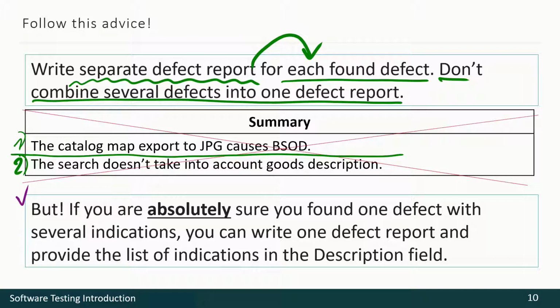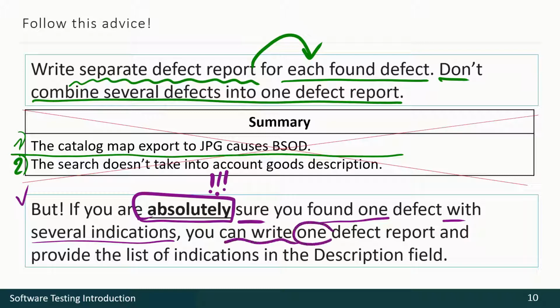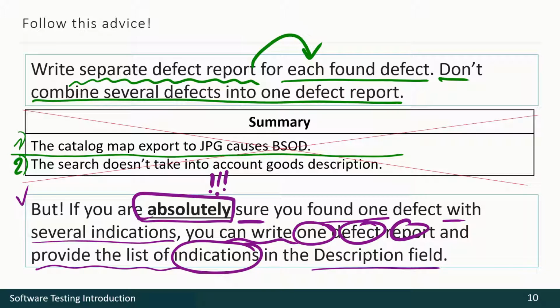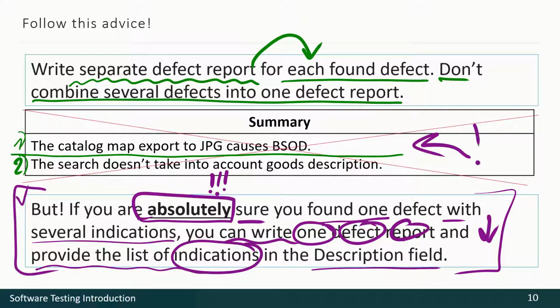If you are absolutely sure that you found only one defect with several indications, you may write one defect report and provide the list of those indications in the description field. But once again, this situation is rather rare and this mistake is rather common. So write separate defect reports for each separate defect.